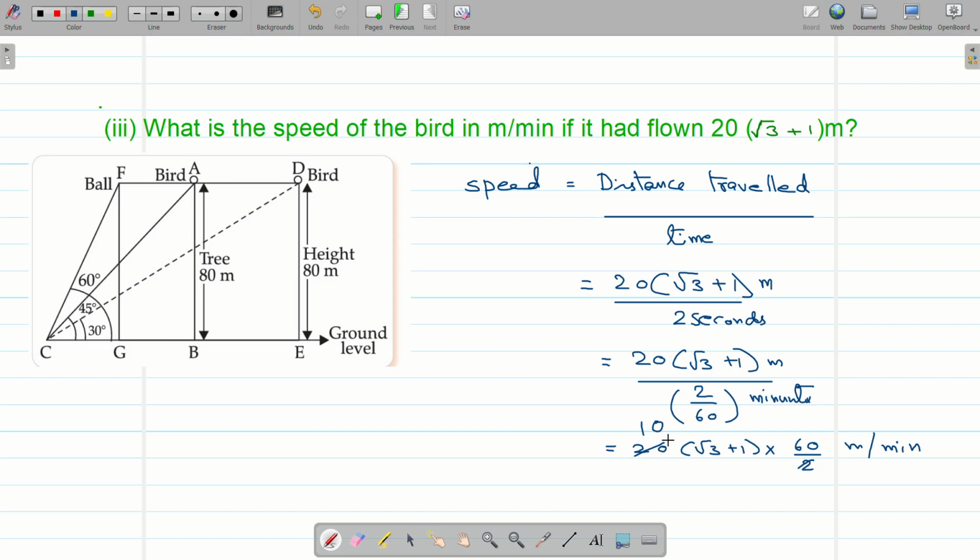You get 10. 10 multiplied by 60, that is 600 root 3 plus 1 meter per minute.